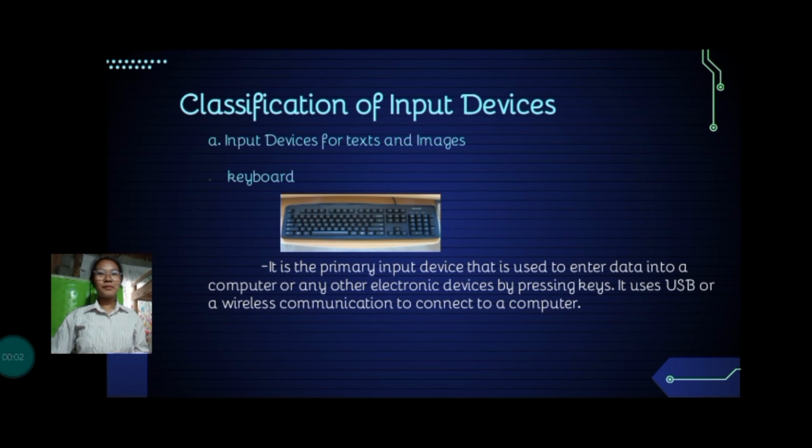Good day everyone, I am Marjorie and I will be discussing the classification of input devices. First, we have the input devices for text and images. First, we have a keyboard. A keyboard is an input device that is used to enter data into a computer or any other electronic device by pressing a key.